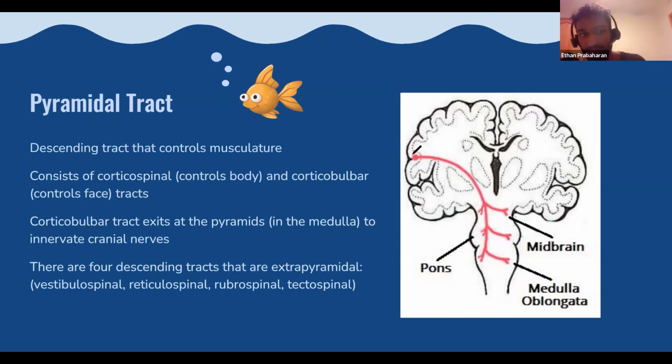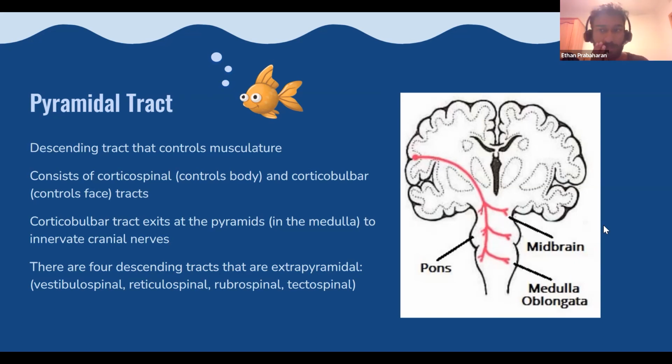A part of it controls the face, that's the corticobulbar tract. A part of it controls the body, which is the corticospinal tract, which is what we're going to look at. In the corticobulbar tract, your upper motor neuron from the brain comes and synapses in the medulla, and that will send out a lower motor neuron to the face muscles. But that's not so important.